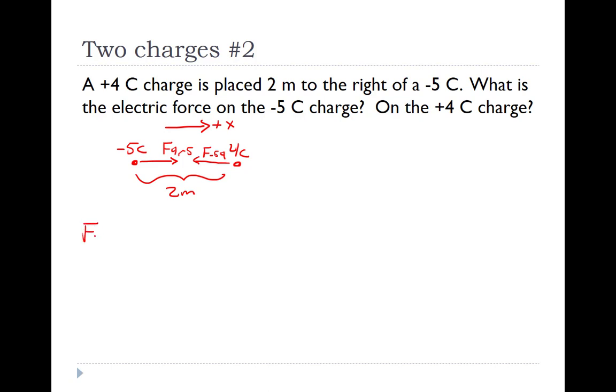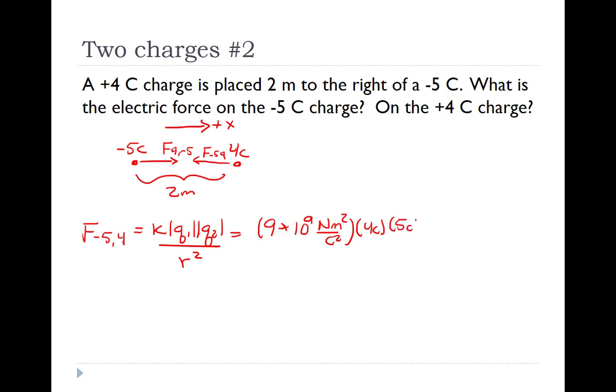I can find the magnitude of one of these. I guess in this case I'm going to do the 4 Coulomb charge. And I wanted a magnitude, so let's get rid of that arrow really quick. So that's going to be K, Q1, Q2 over R squared. So 9 times 10 to the 9th Newton meter squared per Coulomb squared, 4 coulombs, 5 coulombs.